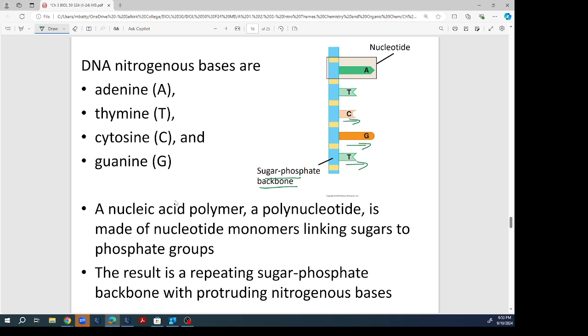So here we have the cytosine, the thymine, the adenine, the guanine, right? And you can see this box is around a single nucleotide. The nucleotide had three parts, the phosphate, the sugar, and that protruding nitrogenous base. And so as we link the sugars and phosphate groups, we end up with a repeating sugar phosphate backbone with protruding, like rungs of a ladder, nitrogenous bases.